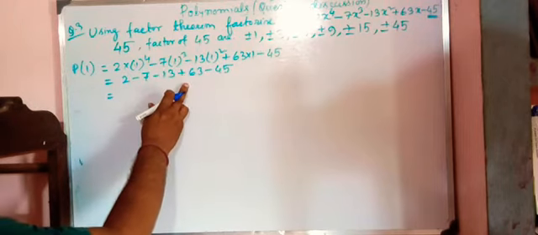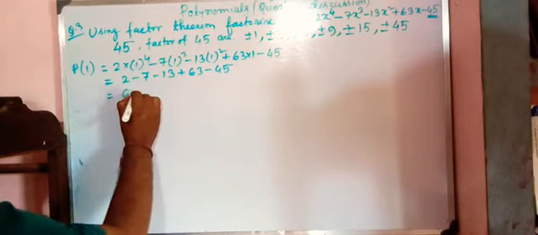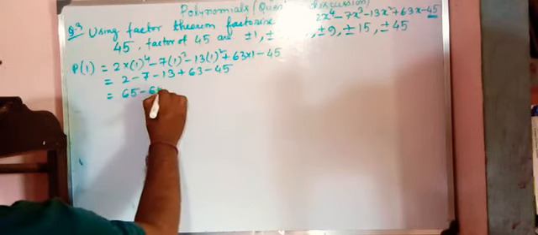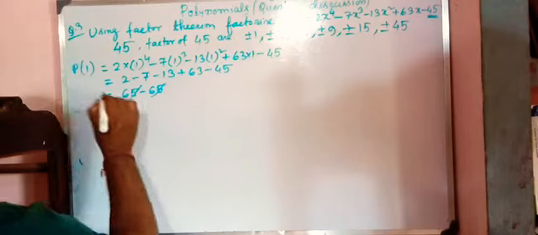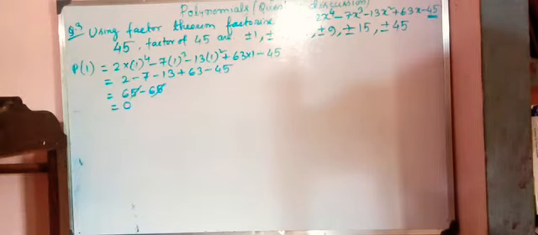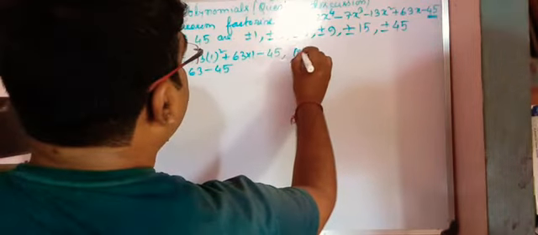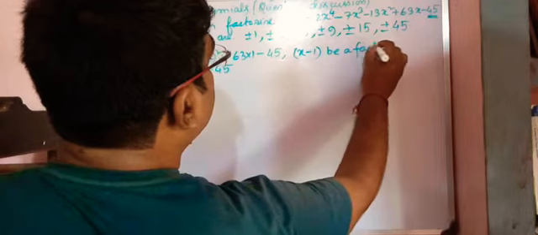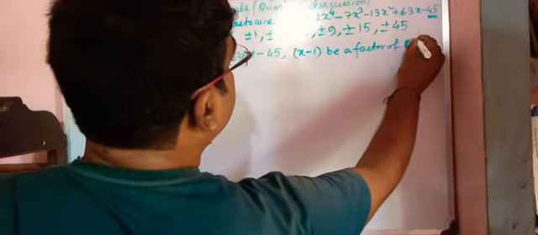If we calculate it, 2 plus 63 is 65 and minus 7 minus 13 minus 45 is minus 65, 65 minus 65, that is 0. So 1 is a zero of that polynomial. So x minus 1 is a factor of P(x).